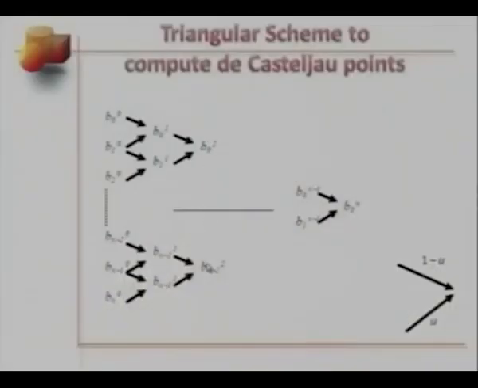These points here on the second column, on the third column, and so on and so forth would be again the position vectors of all the intermediate de Casteljau points. One should keep that in mind.